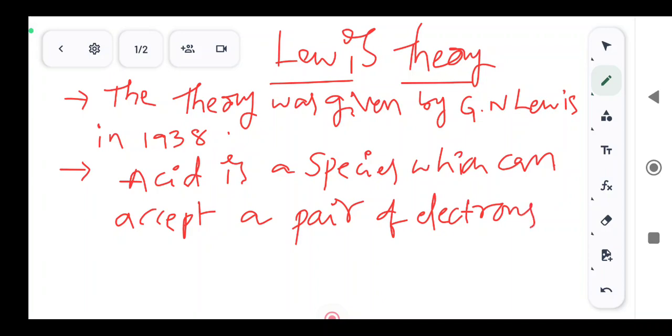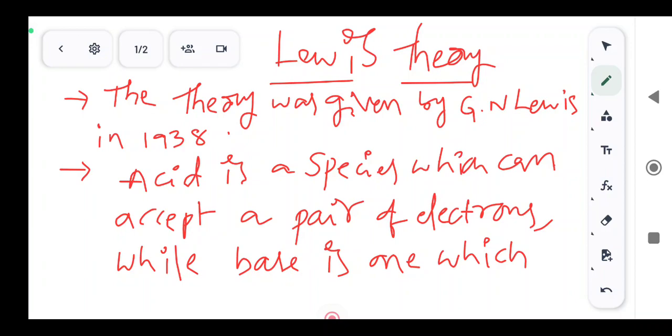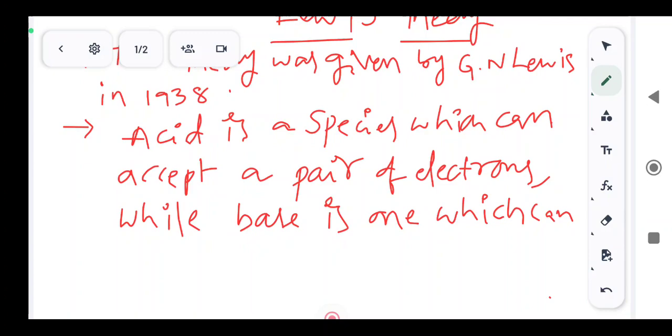Acid is a species which can accept a pair of electrons, while the base is one which can donate a pair of electrons.